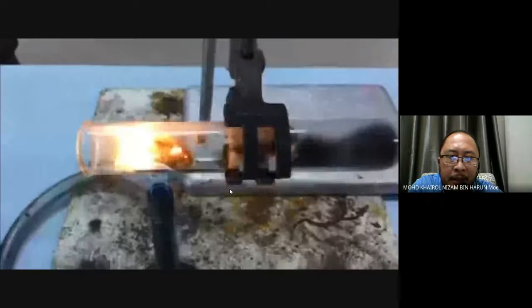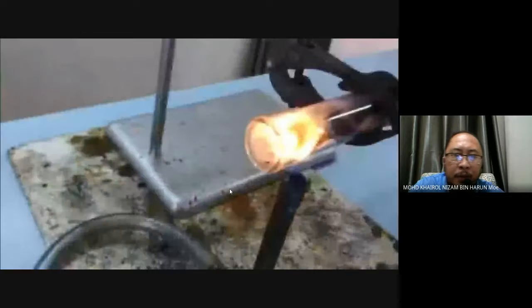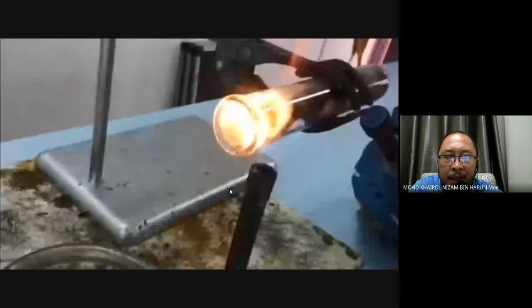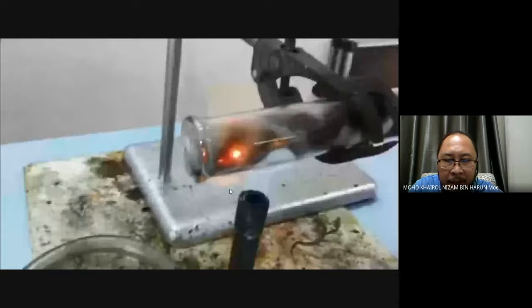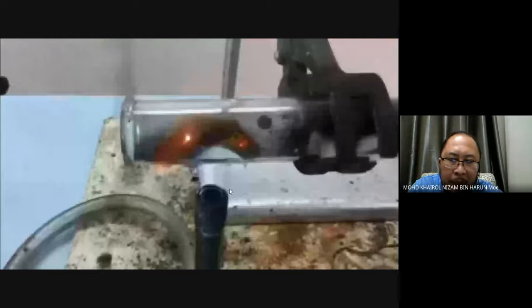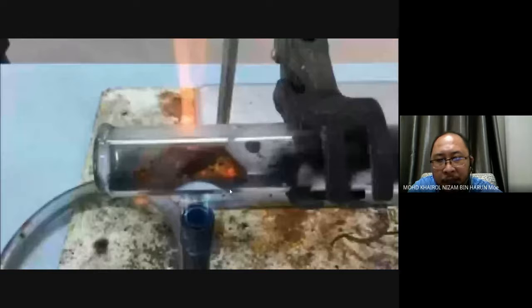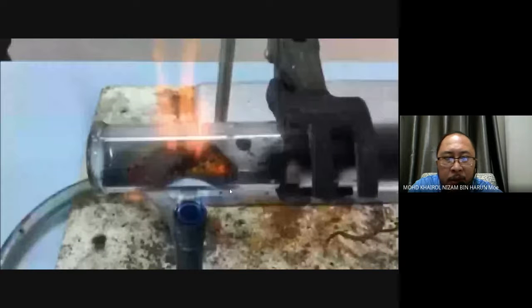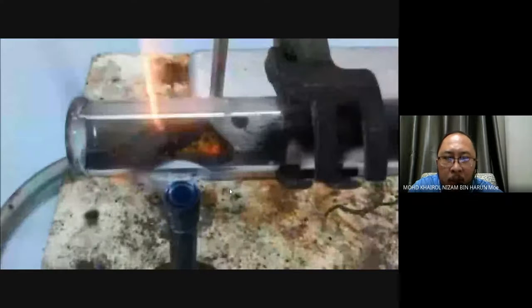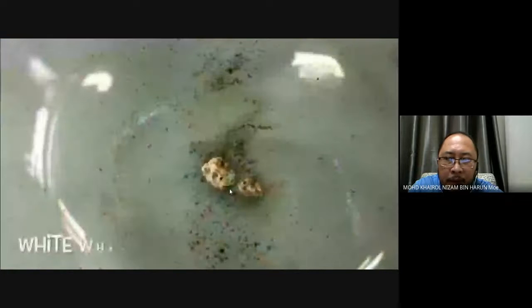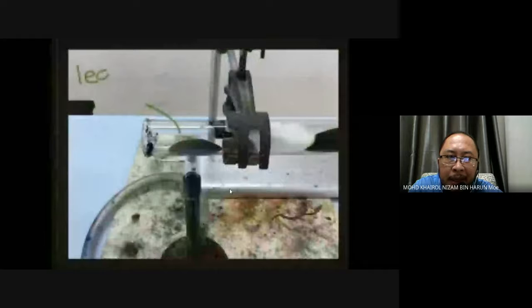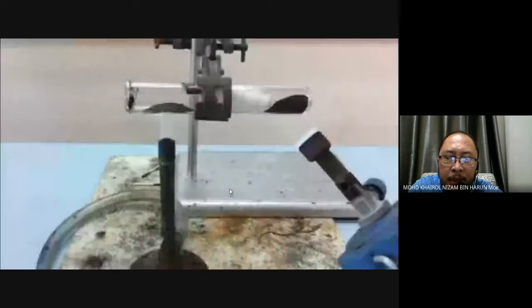An example given here is zinc. So zinc will react with oxygen. So we can see the vigorousness of the reaction, whether it produces a flame or just a glow, or what exactly happened to the product. Okay, this one is a lead powder.